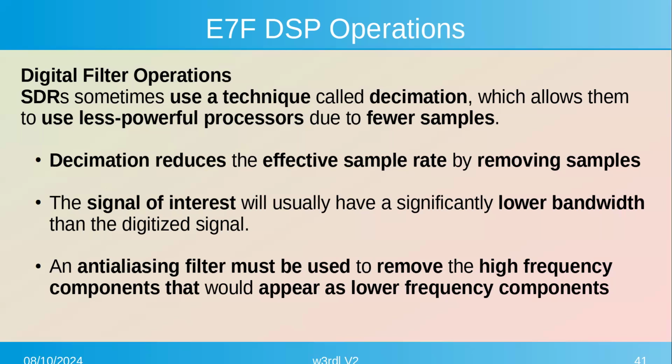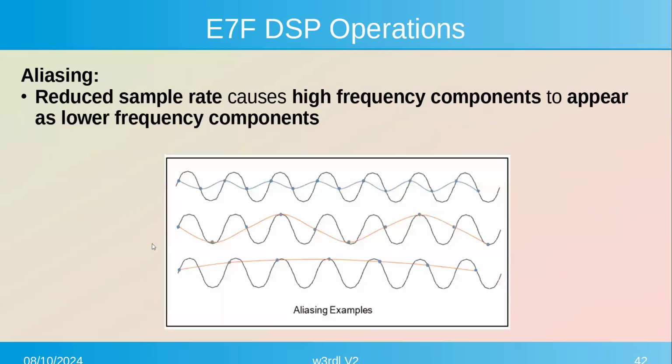We call that an anti-aliasing filter. It would really be a low-pass filter set slightly above the frequency that you're trying to process. Because you've reduced the sample rate by throwing a lot of samples away, you've also got to get rid of those higher frequencies. Otherwise, you're going to get an erroneous answer.